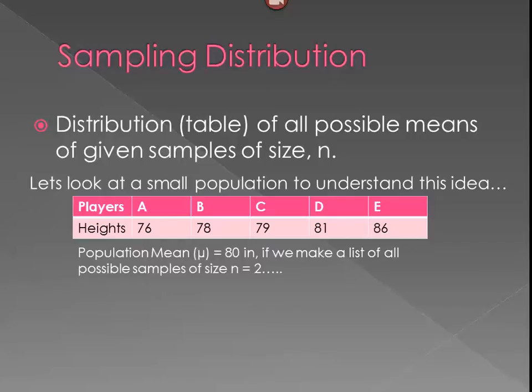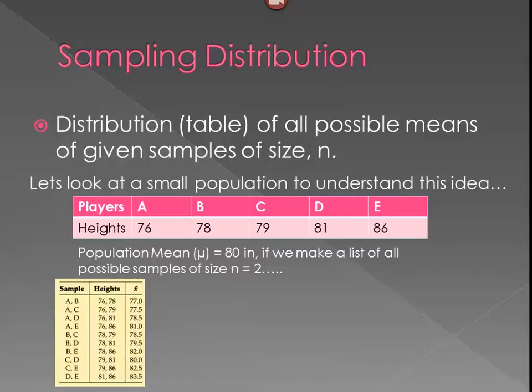All right, and then let's go ahead and explore what type of results we'll get if I break this population down into samples of 2 and use that as an estimation of that 80. What we find if I take every possible sample, meaning we go A and B, A and C, A and D, A and E, and then B, C, B, D, B, E, and find all of those means, is that we get a list of numbers here.